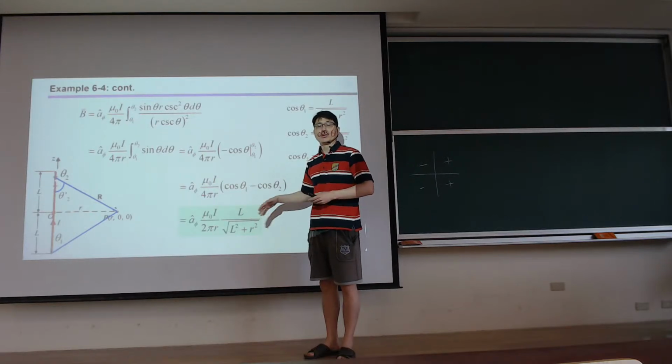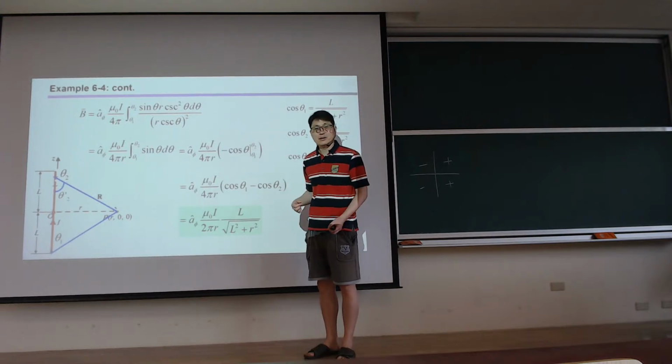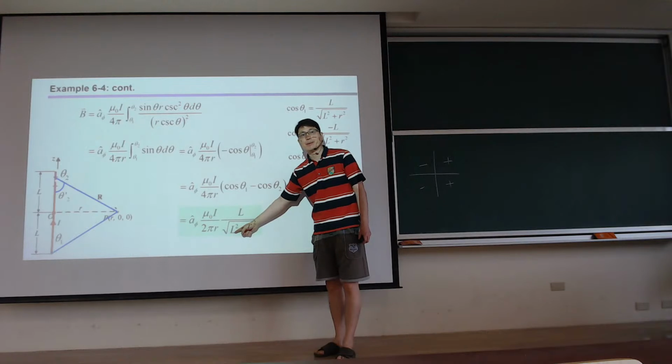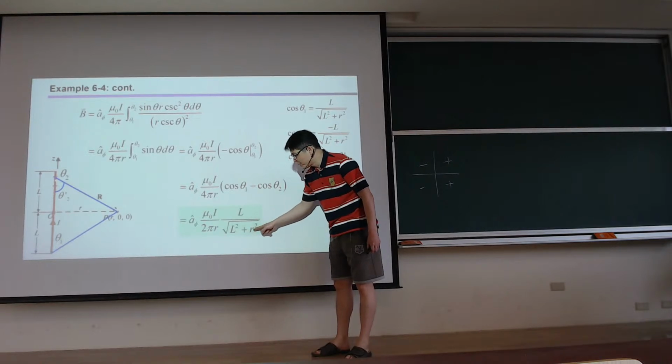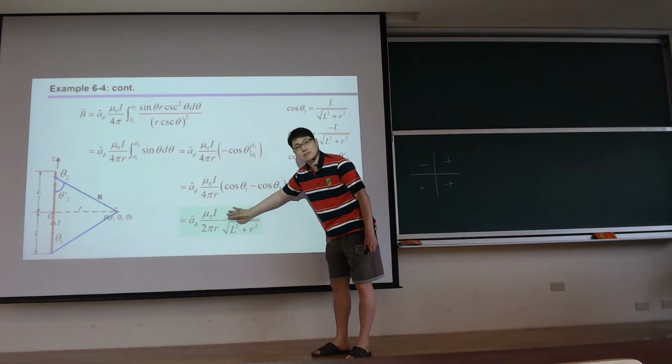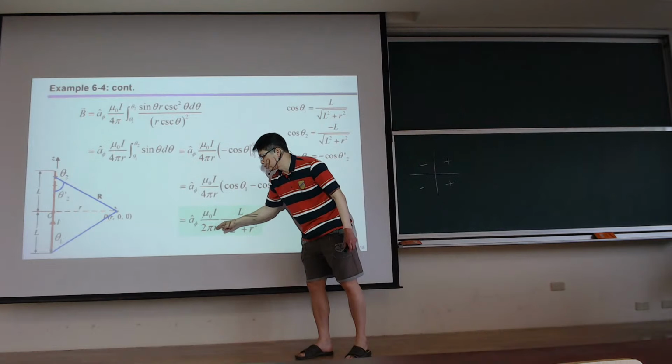How can we arrive at the result for an infinitely long wire? Well, you just assume L is going to infinity, right? When L is going to infinity, or L is much, much larger than non-capitalized R, this term is gone, right? And then you have mu 0 I divided by 2 pi R.